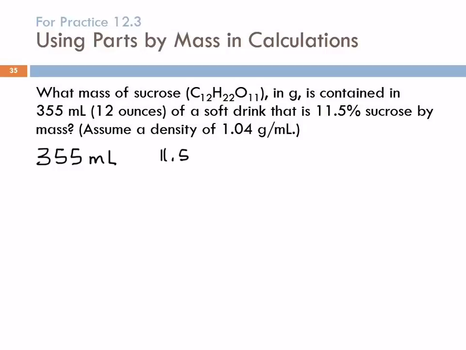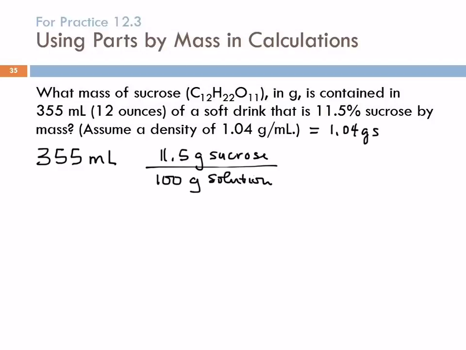That means 11.5 grams of sucrose per how many grams of solution? 100. Percent means per 100. Per 100 grams of solution. This density, that's 1.04 grams of solution per milliliter of solution.